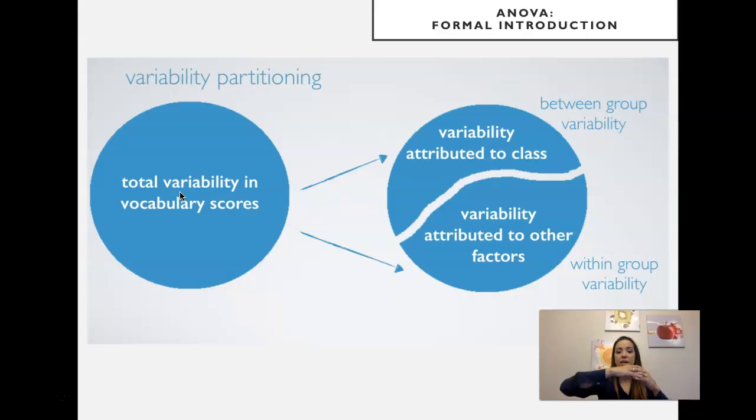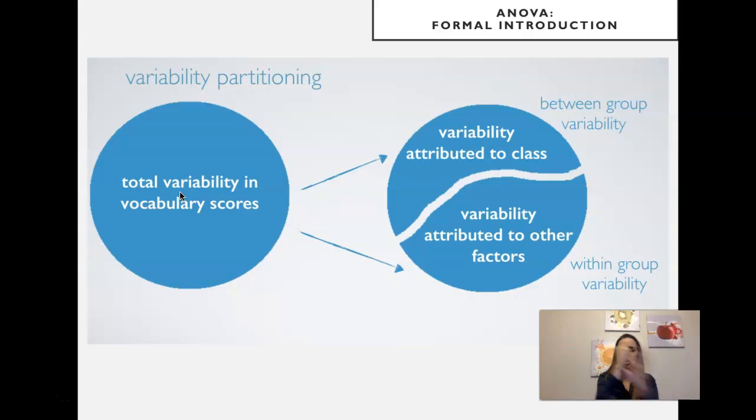Imagine if you take the whole data in terms of vocabulary score for all of the four groups. We took the overall mean, the universal mean across all of the four groups. There is an overall mean, right? And if we get the deviance of every single score from that mean, it's telling us how much variation I have to explain, because the mean is not sufficient.